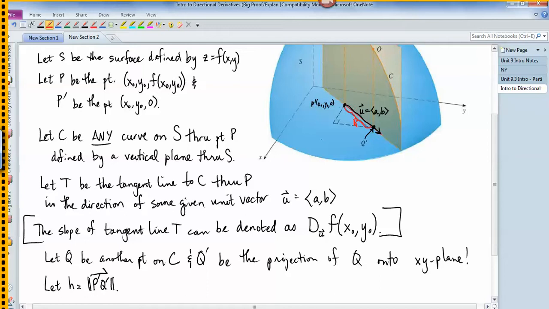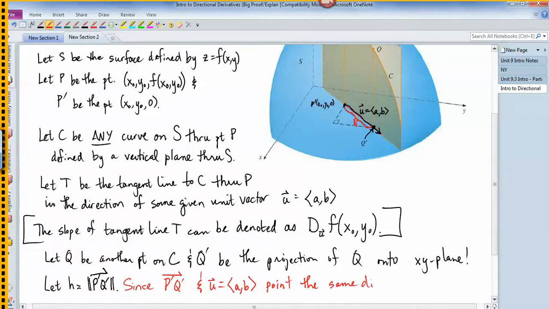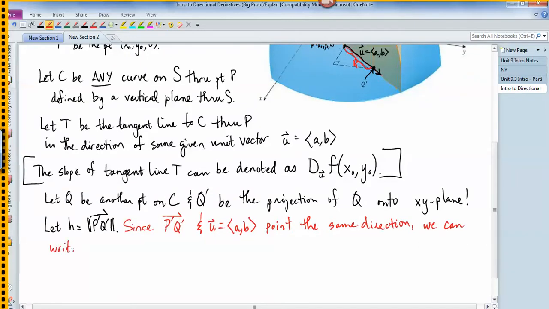So, since P prime Q prime and u equaling a, b point the same direction, we can write P prime Q prime as h times vector u, so it's a scalar times u, which is the same as ha, hb.